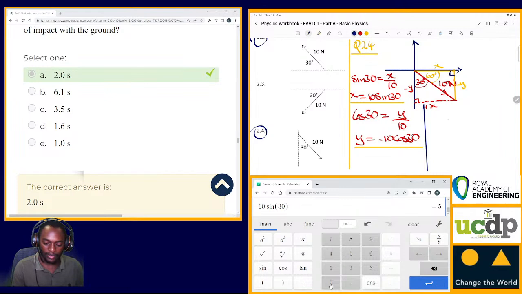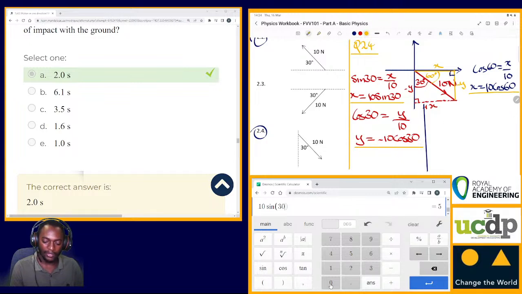So if you choose to go this way, it's going to be adjacent now. But we're now using an angle of 60, cos 60. So it becomes cos 60 equals x over the hypotenuse. That becomes 10. So x is equal to 10 cos 60. And x is positive because it's on the positive side.